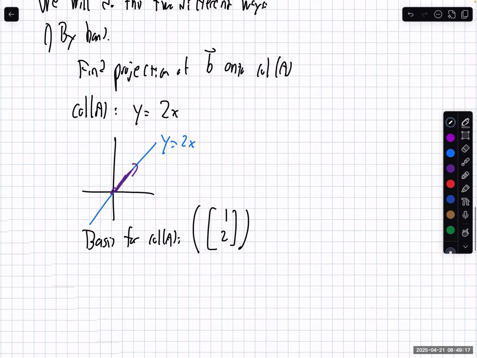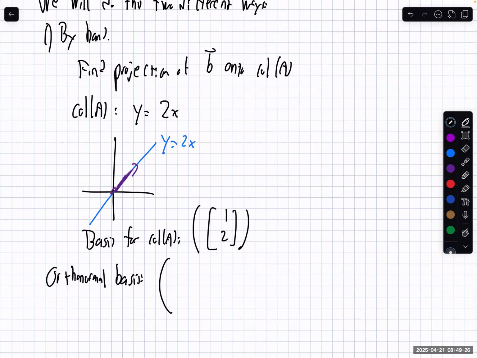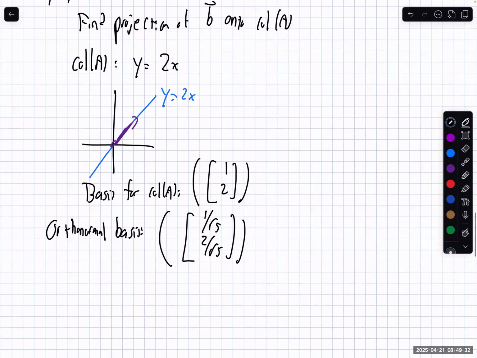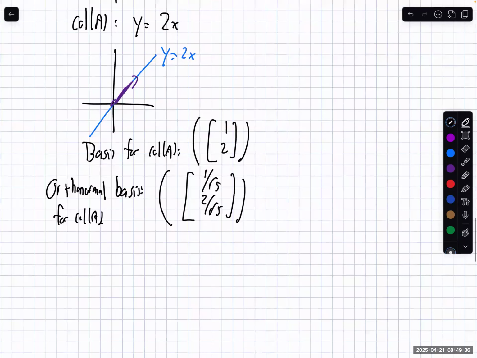So there's a basis for the column space. And then Gram-Schmidt with one vector just normalizes it. So there's an orthonormal basis for the column space of A. So if we factored A into QR, our Q matrix is this.